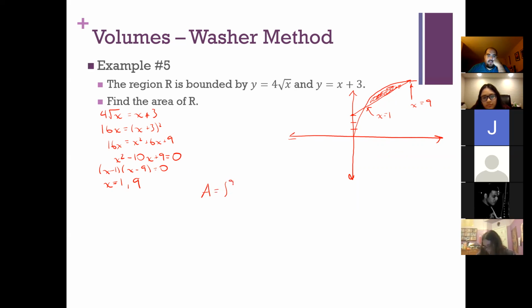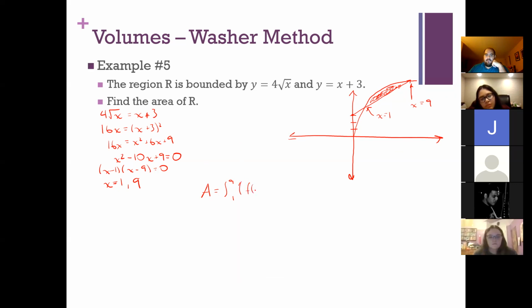So what's the rest of this integral going to look like? Isn't it just top minus bottom and dx and integrate everything?